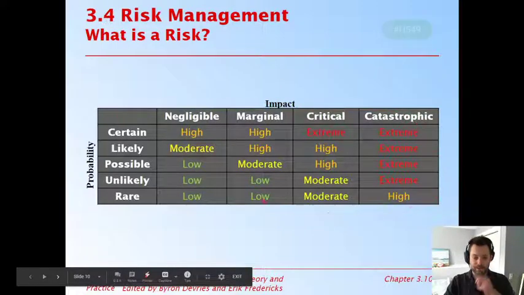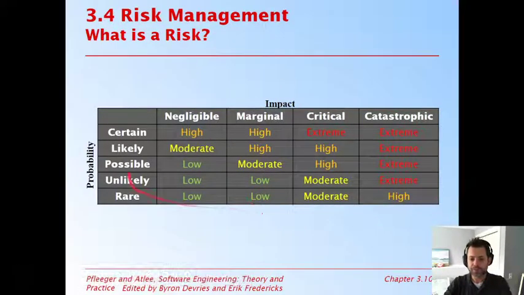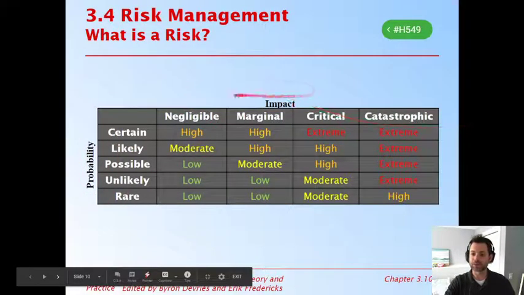And where this figure comes into play, I will say it's not super helpful for you as an engineer, but it's a good visual if you wanted to convince somebody what the risks for your project are, okay? On the left here, we have the probability that something will happen. On the top is its impact.